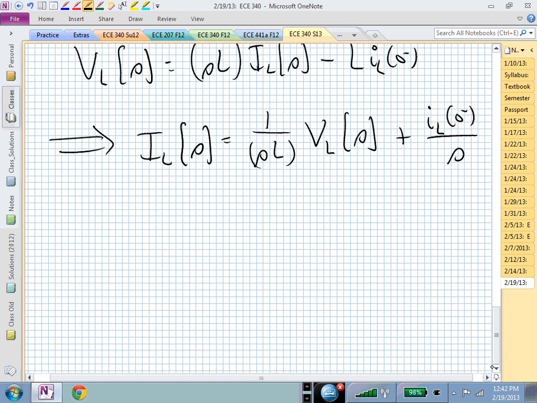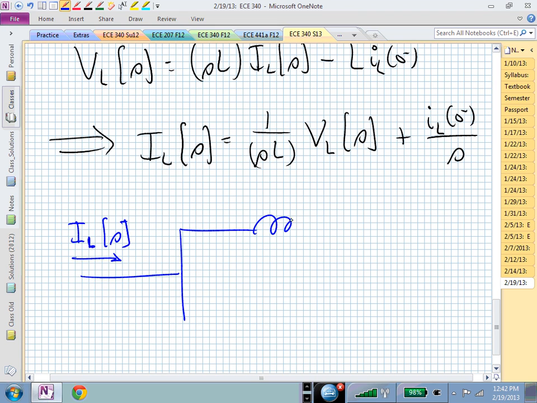What does the circuit picture look like for this relationship between the inductor's current and the inductor's voltage? Okay, now you're drawing. Did everybody get that? Did everybody do their sketch of this? We have the current going in. That's the inductor's current, I sub L of S. But that's made up of two parts.